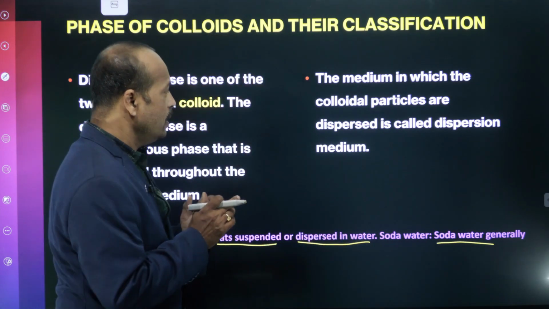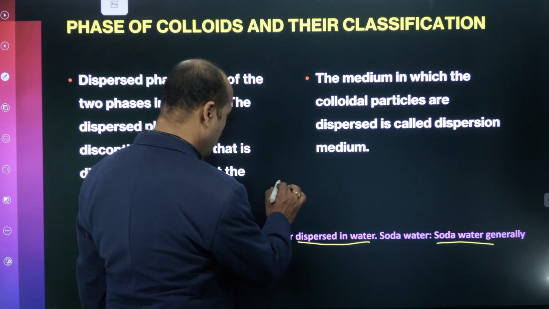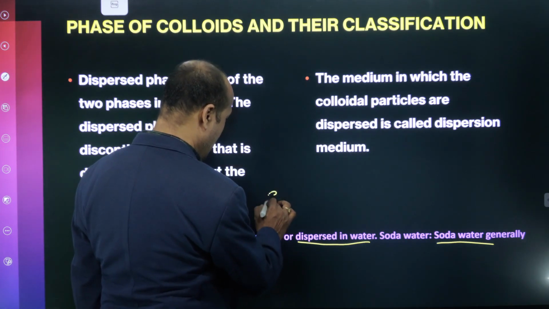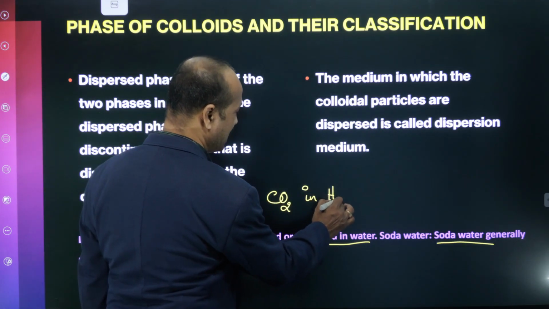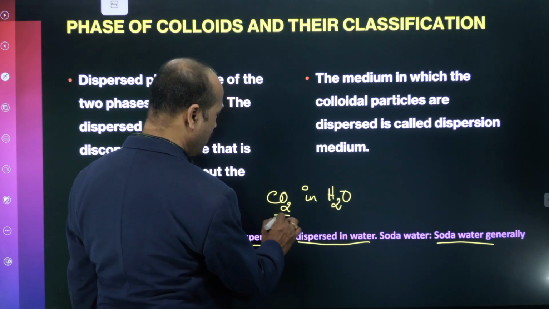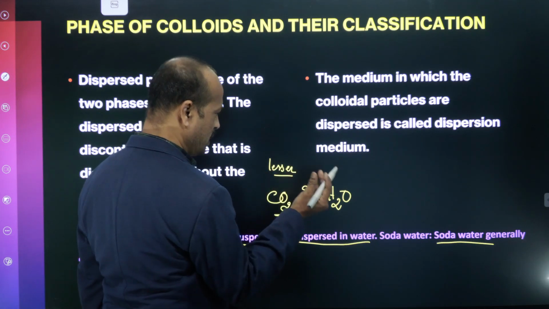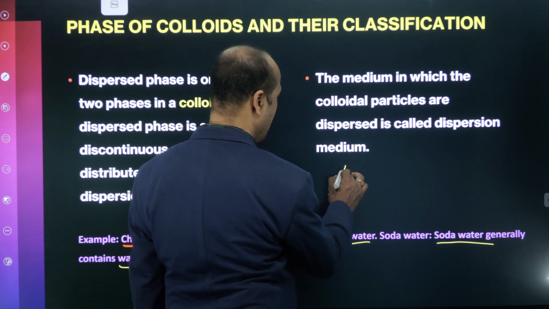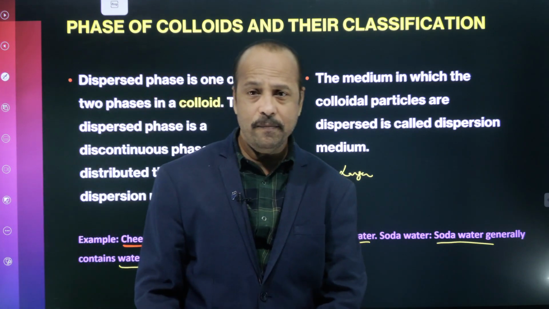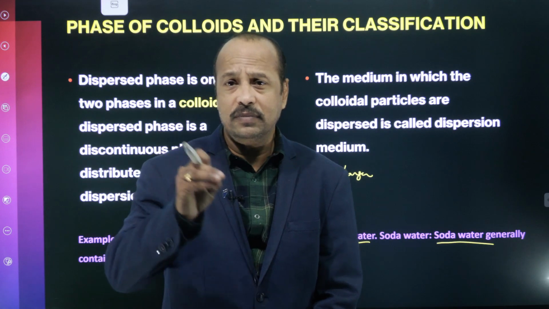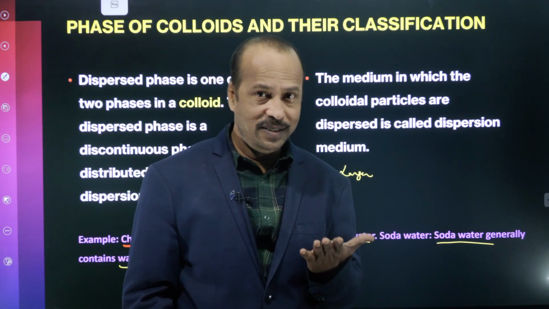So in the soda, water and carbon dioxide, the formula of carbon dioxide is CO2. Carbon dioxide in water. The meaning here is that carbon dioxide is lesser in quantity, and water is larger in quantity. More quantity of water will be there, and in that some carbon dioxide gas is present. So the amount of gas is very little, but water is more, right?